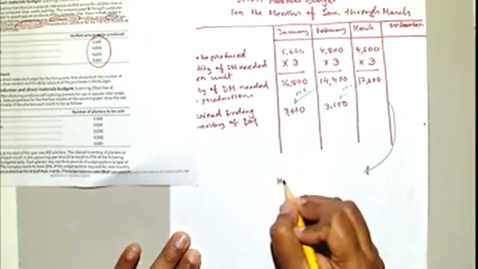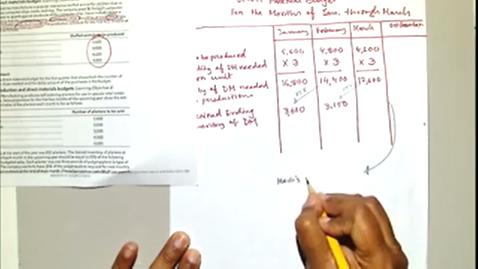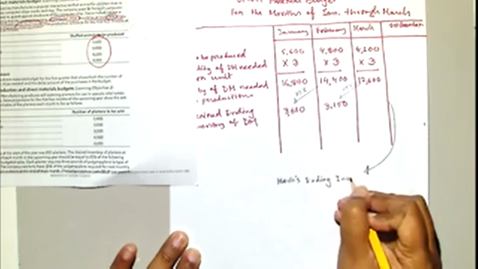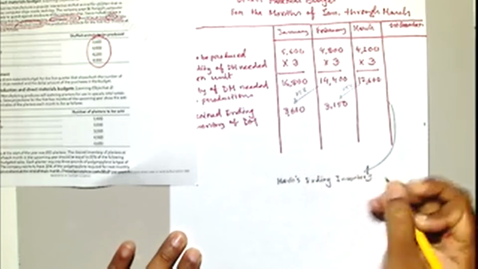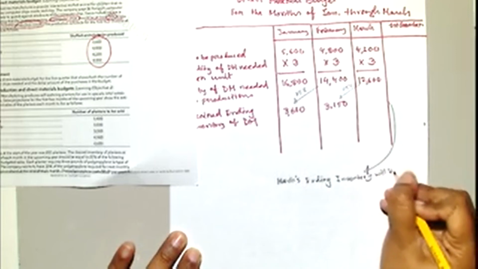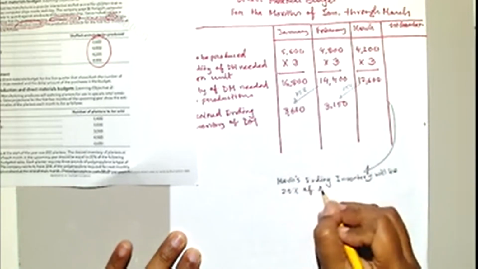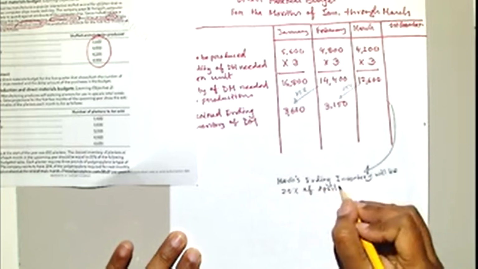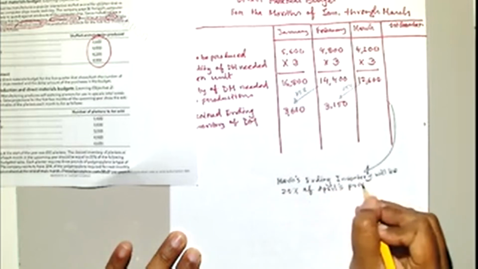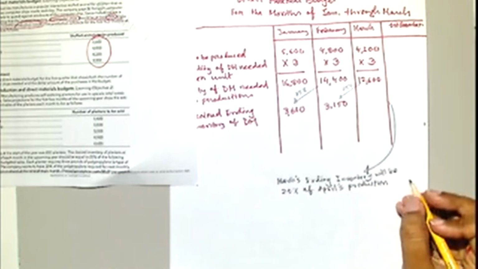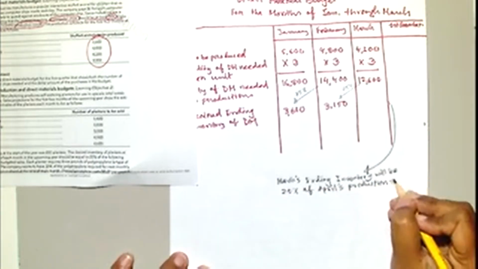March's ending inventory will be 25% of April's production needs. That's their policy. They always try to keep 25% of their next month's production need.